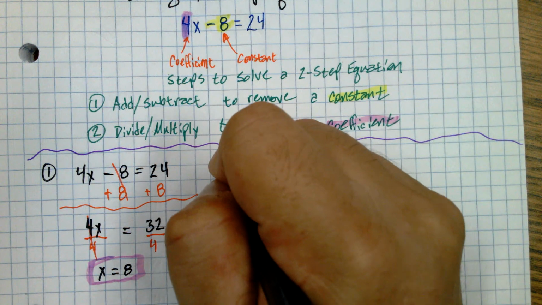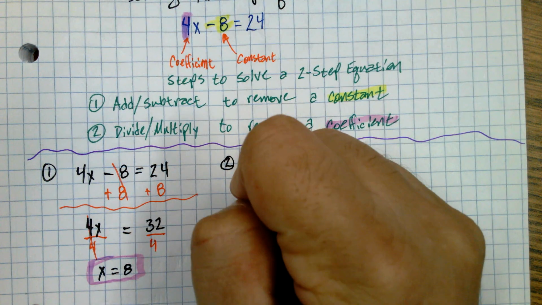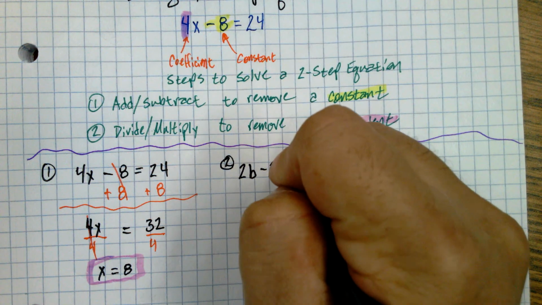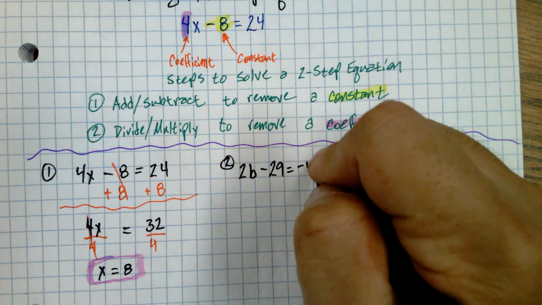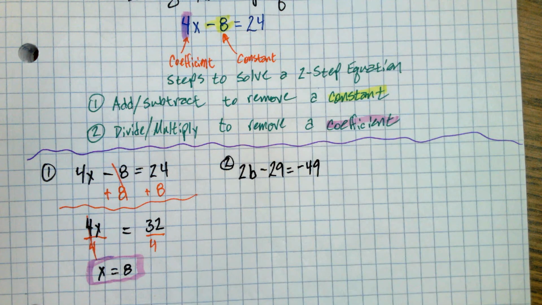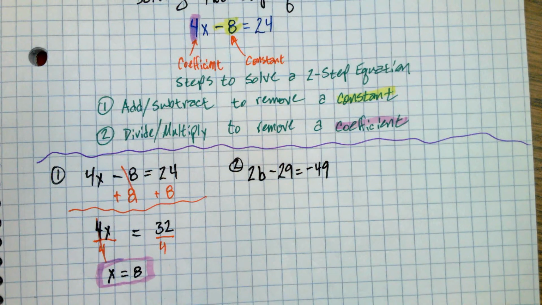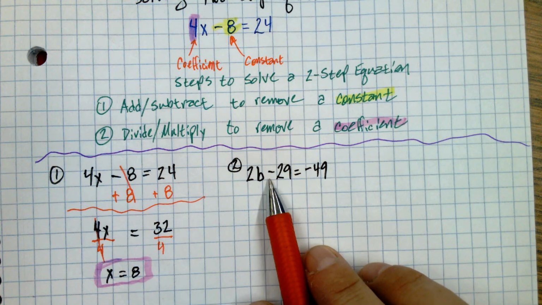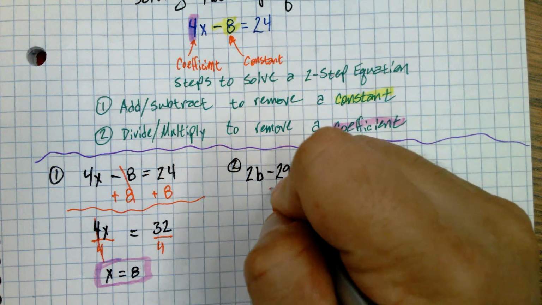Okay, number 2. 2b minus 29 equals negative 49. Okay. And let's remove the constant. I see it as negative 29. So what gets rid of negative 29? Oh, is that a positive? Yeah.